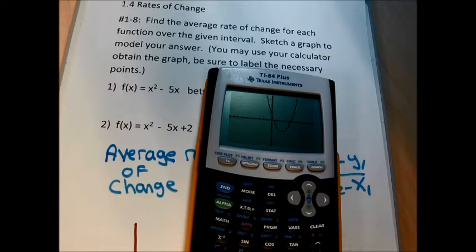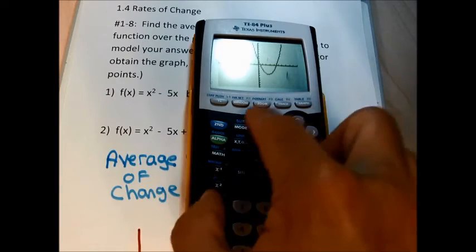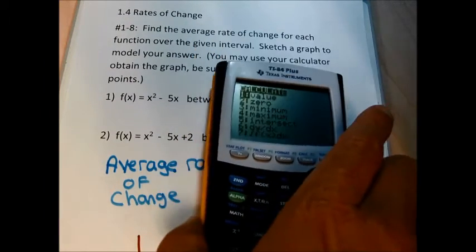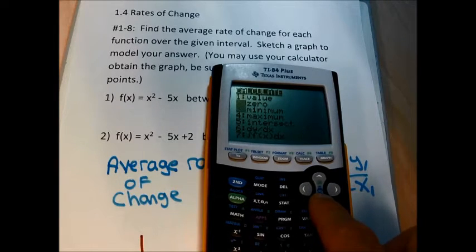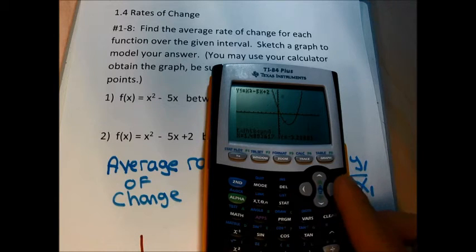To find the vertex on my calculator, I hit the second button, the trace key, select the minimum option, and then I start tracing. I trace and get kind of close to the vertex but to the left of it. And then I trace further.